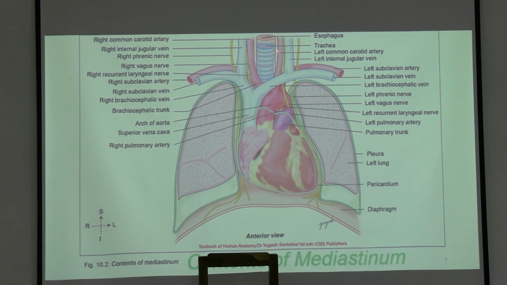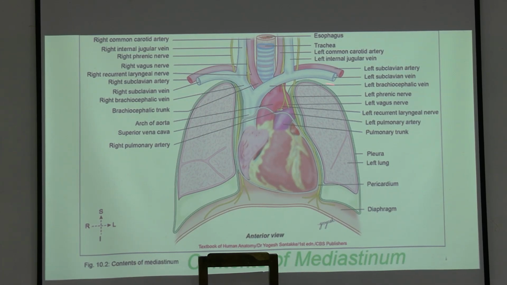And in between there is one nerve, and also we can find this is the heart, from which the great vessels are either originating from the heart or coming towards the heart. So all these structures form the contents of the mediastinum.